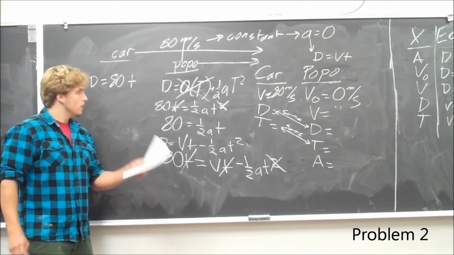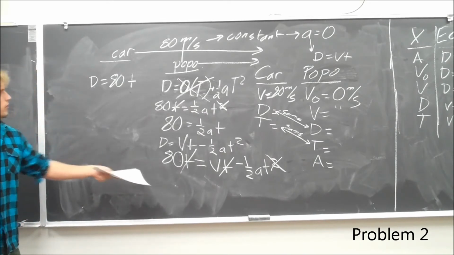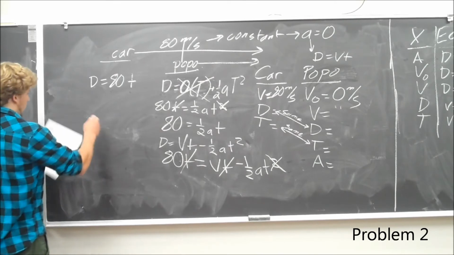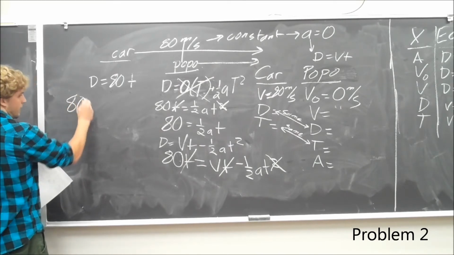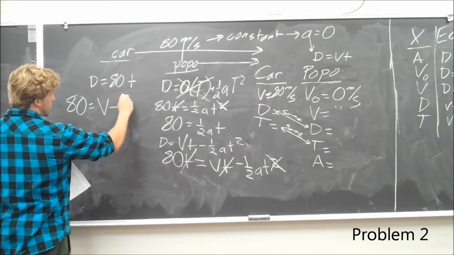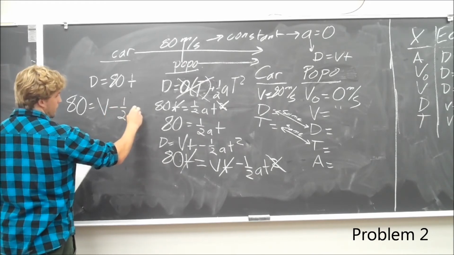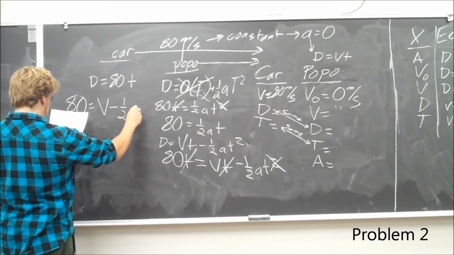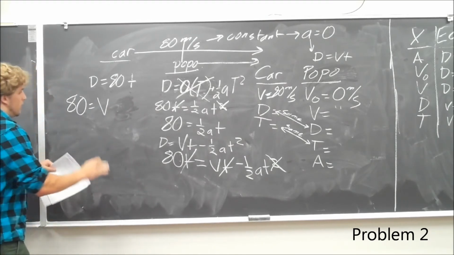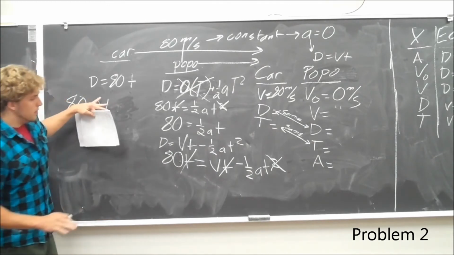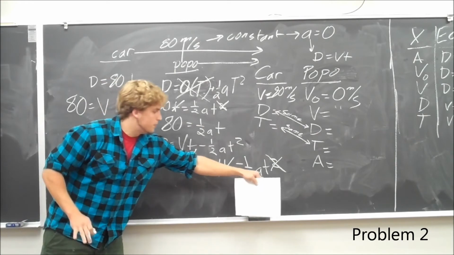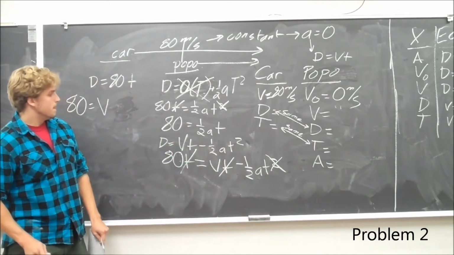I'm going to shift over here so everybody can see. Alright, now we have 80 is equal to v minus 1/2 at. This is what I did. Okay. Now before I continue, this isn't done. 80 is equal to v minus 1/2 at, right?